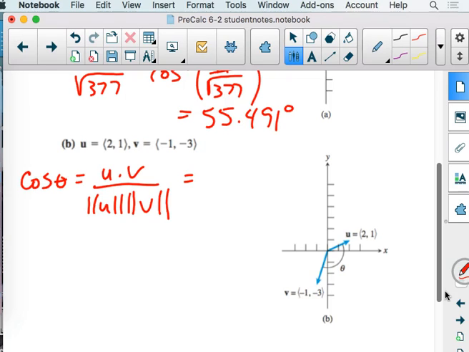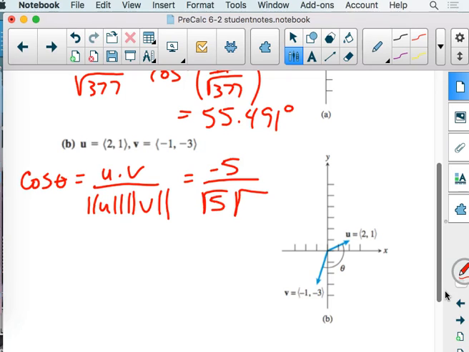I thought I heard both of them. Which is it? -5. We've got -2 plus -3. So -5 over. Please find me the magnitude of square root of 5.